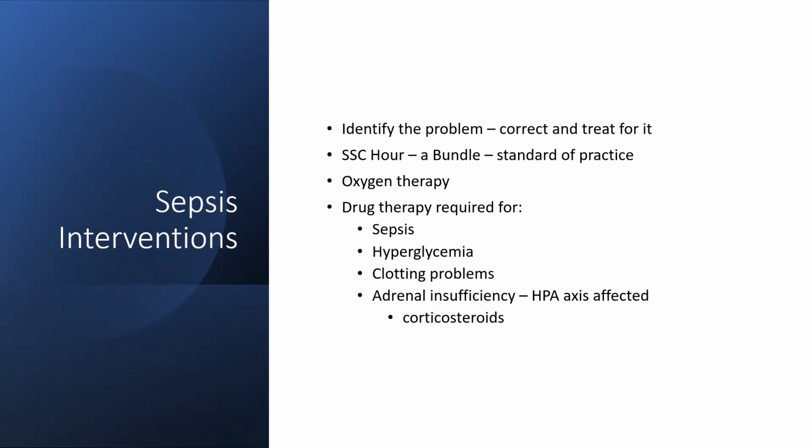The 1 hour bundle started, we give oxygen. Drug therapy is, for sepsis interventions. For sepsis, you think of vasopressors, right? Fluids, antibiotics. For hyperglycemia, due to stress on the body and overproduction, they're going to be on insulin. You anticipate insulin to be either infused or sliding scale.